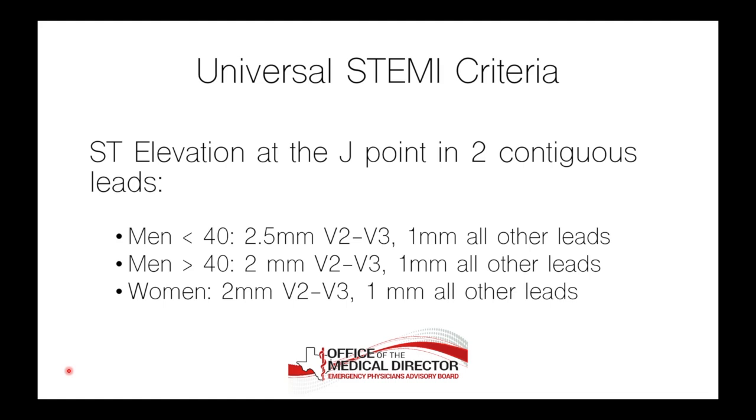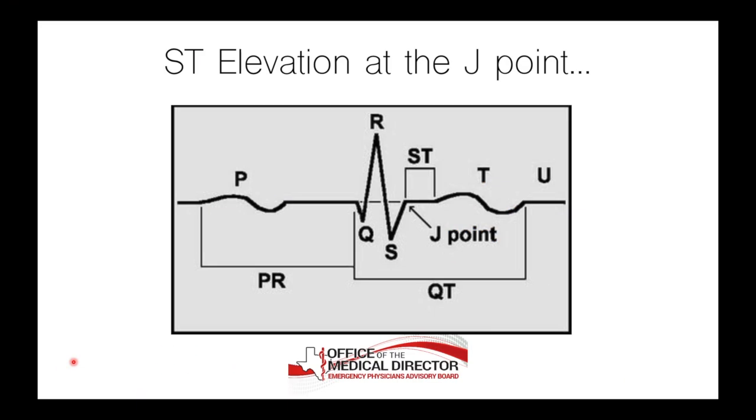So the first sentence is ST elevation at the J point in 2 contiguous leads. And before I get into the nuts and bolts of the criteria here, I want to define this sentence a little bit more. So the first part of this sentence is ST elevation at the J point. Let's break this down. The ST segment is the section of the EKG between the end of the QRS complex, specifically the end of the S wave, and the beginning of the T wave.